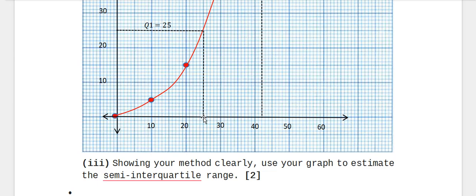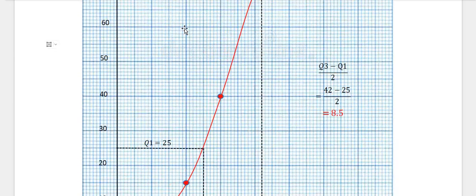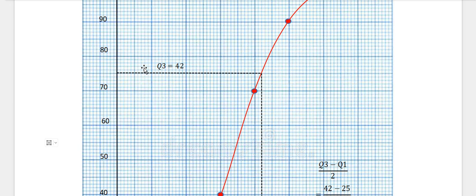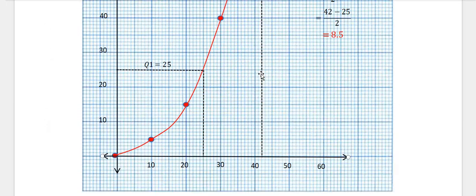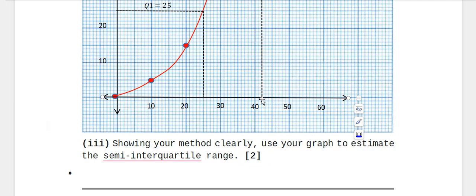You do the same thing with the third quartile, but in this case you say 3/4 times 100. It will give you a 75. So you start from this 75, and then you go to a point where you meet the graph, and then you start going down to this point here, which is what? 42.